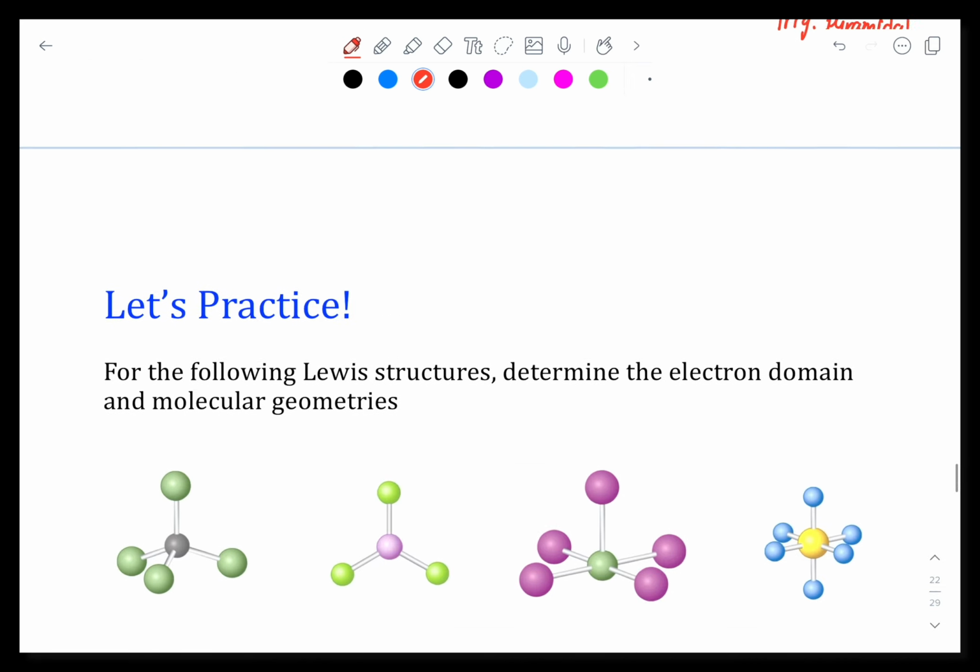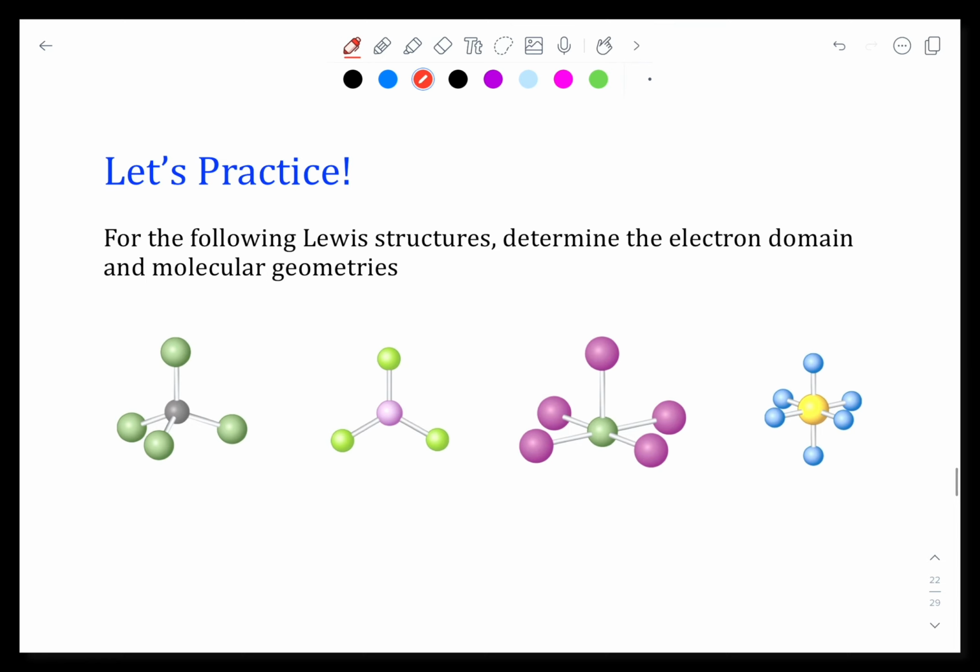Okay, let's keep practicing. So, for the following Lewis structures, determine the electron domain and the molecular geometries. Okay, so for our first molecule here, we have 1, 2, 3, 4 electron domains.